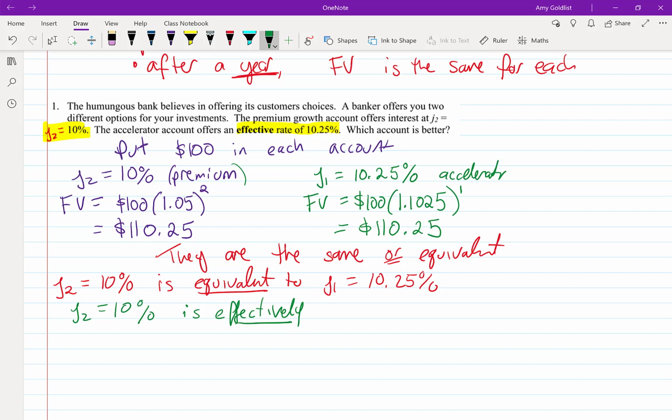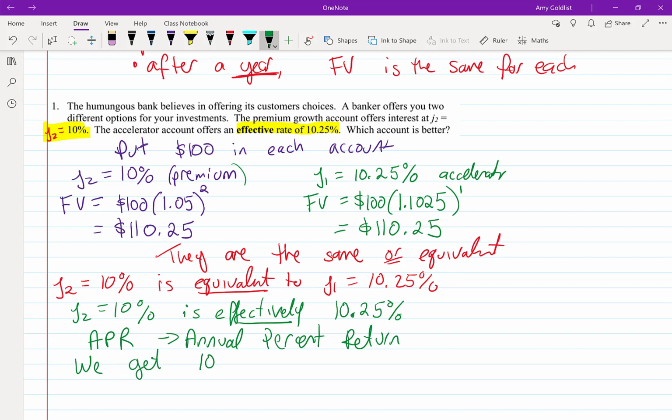Effectively means the same as, but here we're meaning it as equivalent to the effective rate of 10.25%. When we put the word effective in, we don't need to put that 1 in because it is assumed. You're also going to see the term APR, or annual percent return. We're not going to use that overly in this course, but know that that means the same thing. And either way, we are going to get 10.25% interest per year.